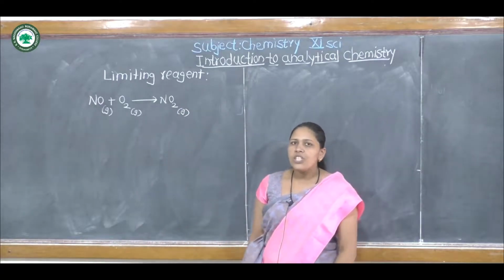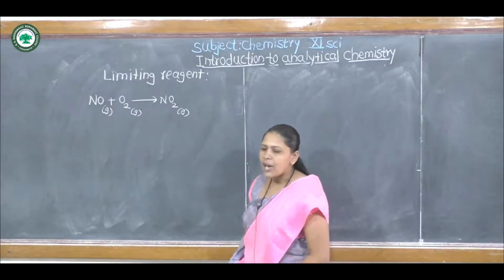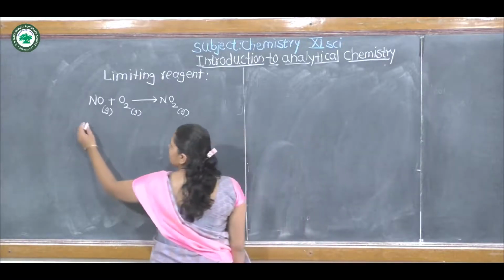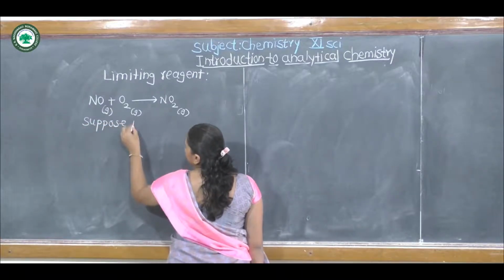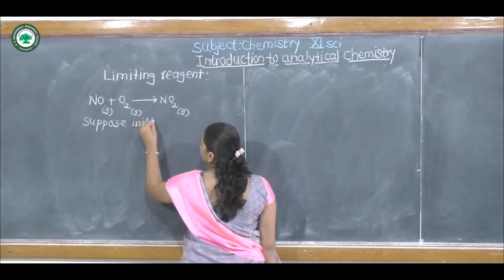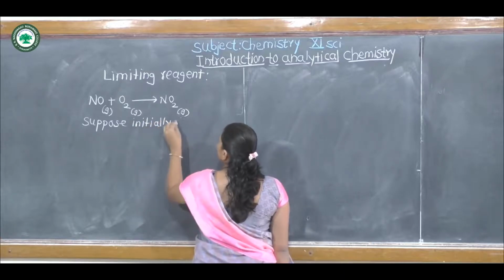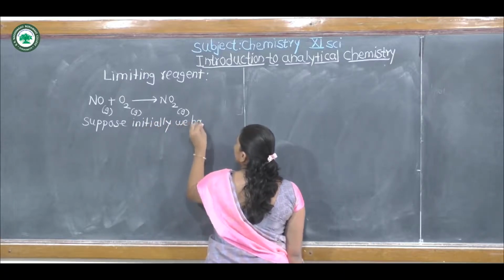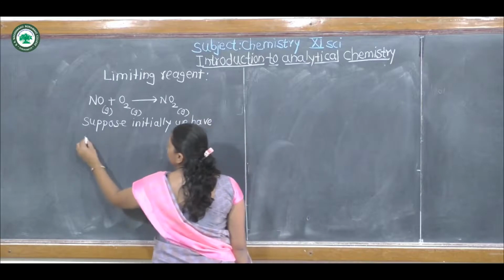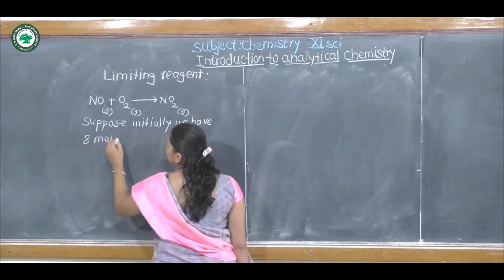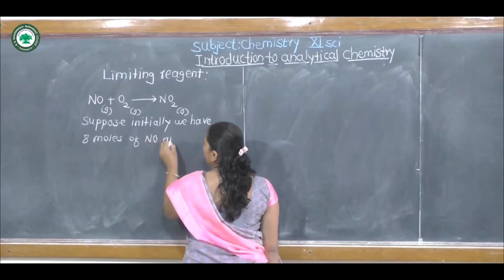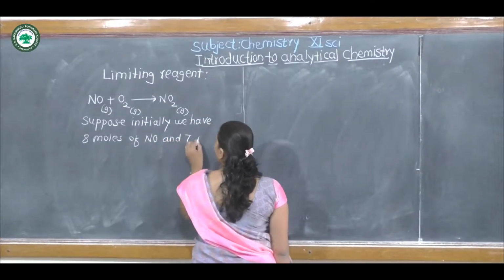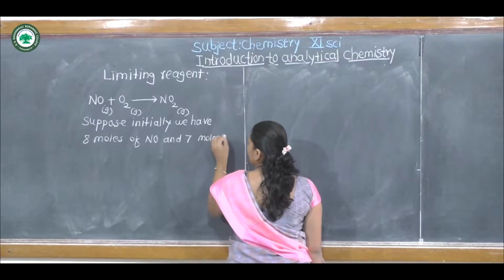Suppose initially we have 8 moles of nitrogen monoxide and 7 moles of oxygen gas.